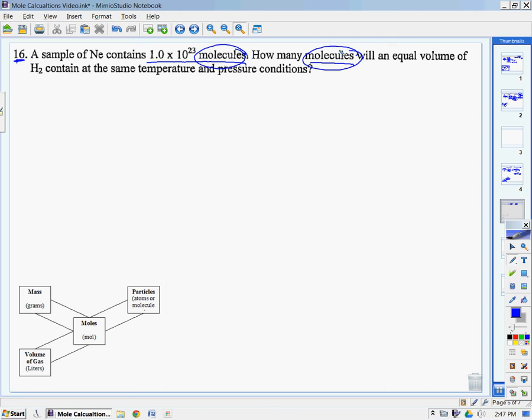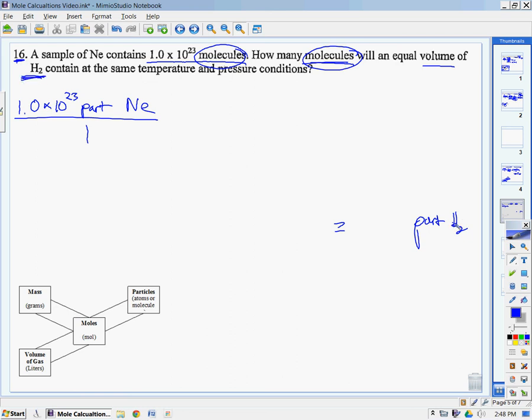Well, the deal is it's really two problems in one. It's how many molecules will an equal volume of H2 contain. So in other words, we're starting with 1.0 times 10 to the 23rd particles, molecules of neon. But at the end of this whole thing, we want particles of H2.